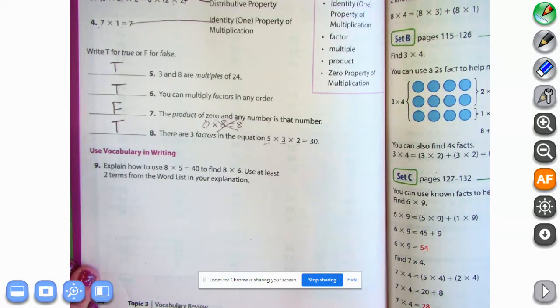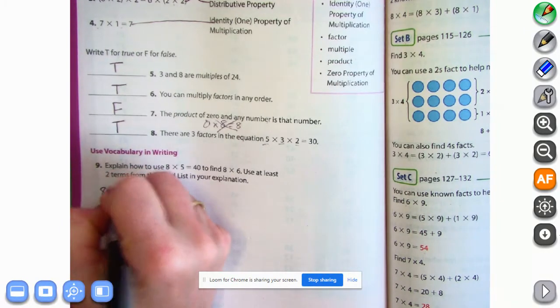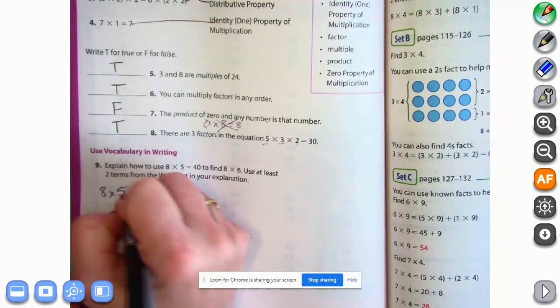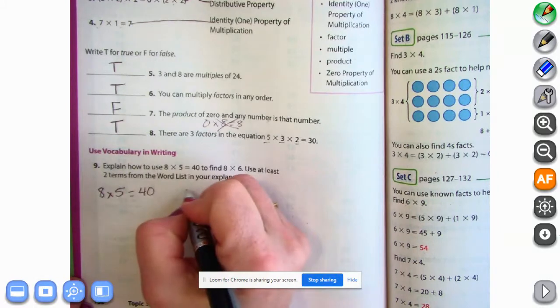Explain how to use 8 times 5 equals 40 to find 8 times 6. Use at least 2 terms from the word list in your explanation. All right, first let's do the problem. 8 times 5 equals 40, and we need to find 8 times 6.